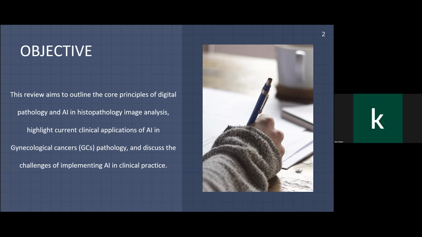And we're specifically going to talk about the gynecological cancer pathology and discuss different challenges that are now being faced using these AI methods in clinical practice.